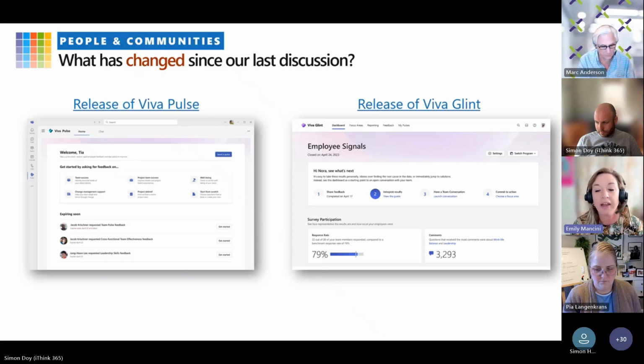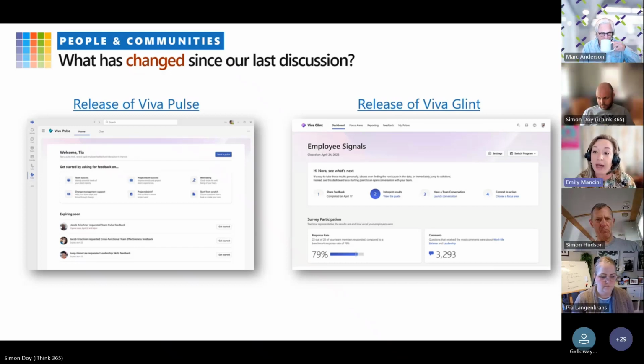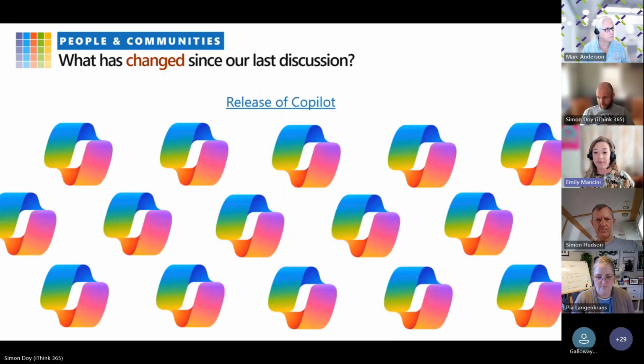It's ad hoc feedback, and Viva Glint is more that company-wide tool for measuring employee satisfaction and well-being. So this is a really new introduction into Microsoft 365 out of the box, a way to get that feedback from our people and communities of how they're feeling about what's going on in the organization.